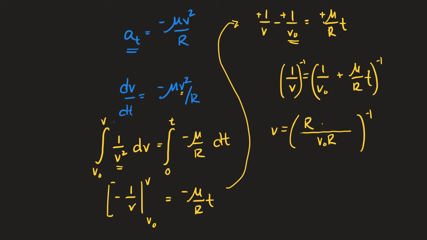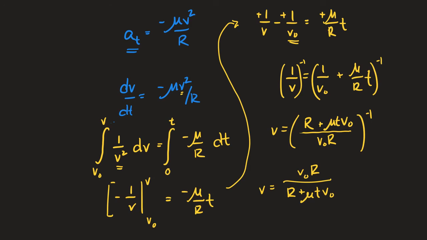On the right side, I'm going to have mu t v naught. So now I can actually invert. And I'll get v equals v naught r over r plus mu t v naught. And there we go. We have v as a function of t.